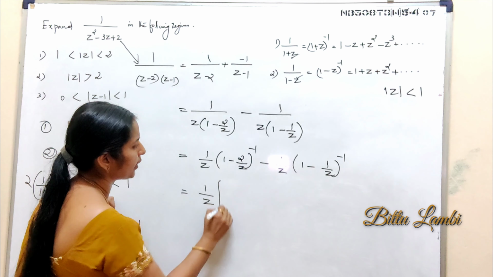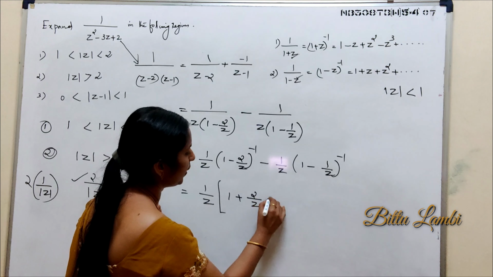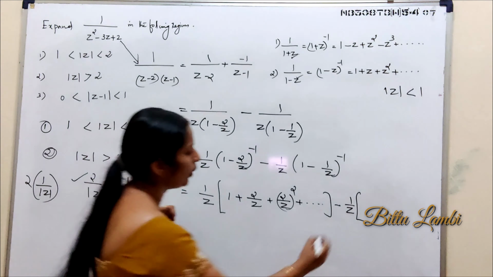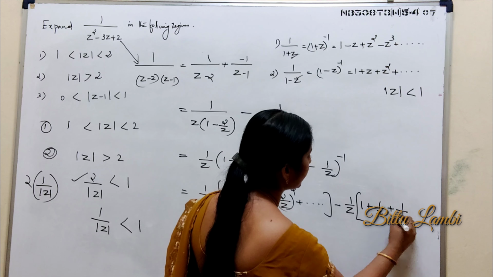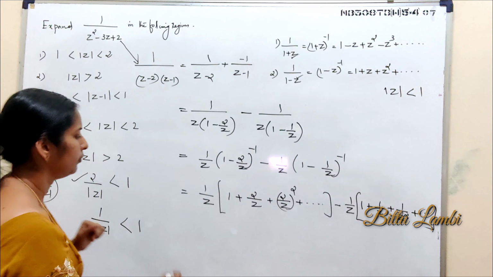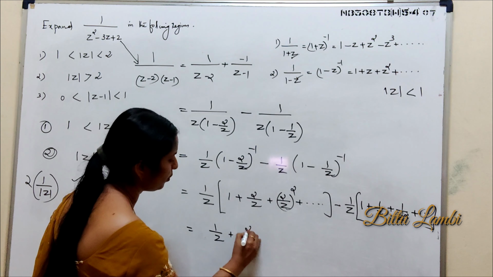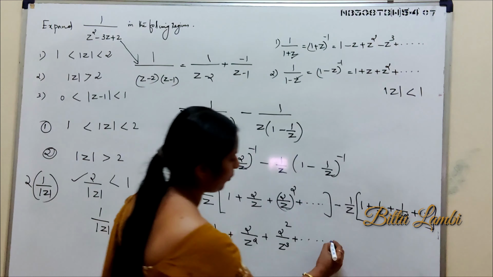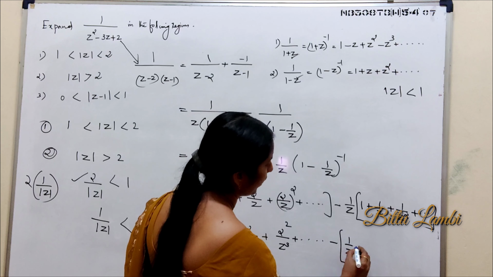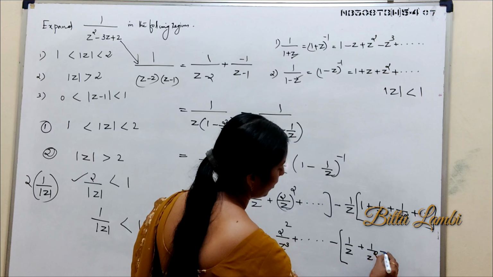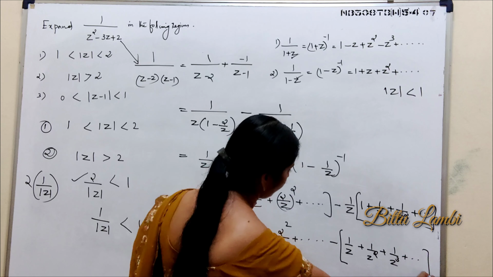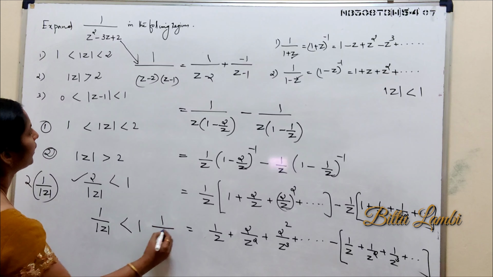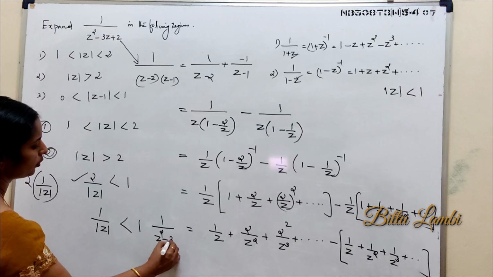That is 1 by z into its expansion, which is 1 plus 2 by z plus 2 square by z square plus etc., minus 1 by z into 1 plus 1 by z plus 1 by z square plus etc. That is 1 by z plus 2 by z square plus 2 square by z cube plus etc., minus 1 by z plus 1 by z square plus 1 by z cube plus etc. See, this is the infinite series expansion of the given function in the region mod z greater than 2.